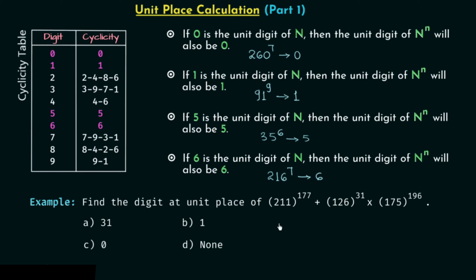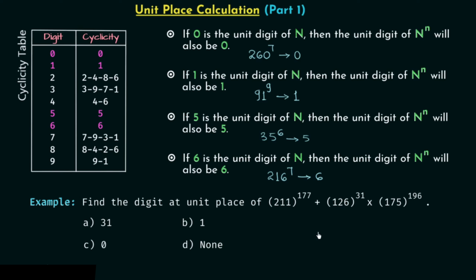We will focus on these powers independently and we will try to find out the digit at unit place of all the 3 powers we have. And once we have the digits at unit place for all 3 of them, we will perform the multiplication operation and then we will perform the addition operation.